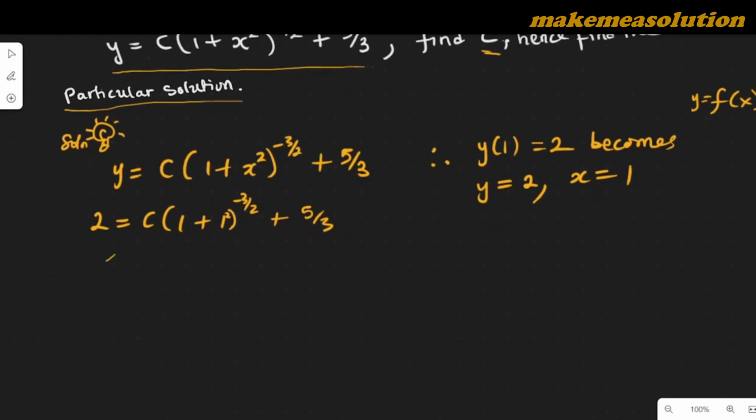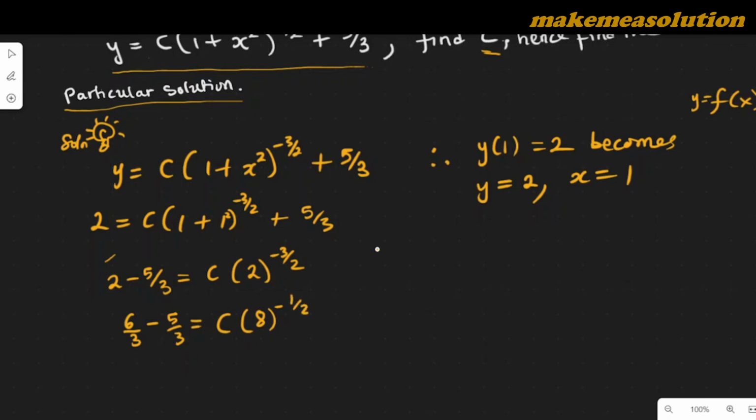So solving, we're going to get 2 − 5/3 = c · 2^(-3/2). So 2 − 5/3 can be written as 6/3 − 5/3, equal to c · 8^(-1/2).